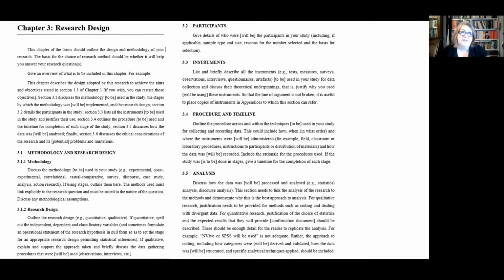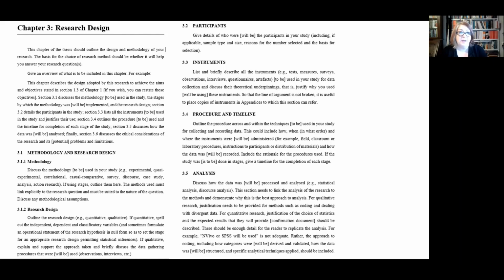But what they've done here is they've conflated methodology and research design together. So breaking them down in each and actually talking about what each of them do that's different. So in this particular model, we have 3.1.1 methodology, which is going to be you talking about your framework that you're coming to.